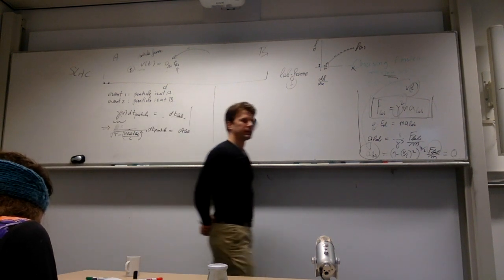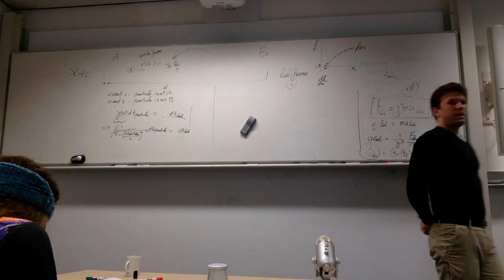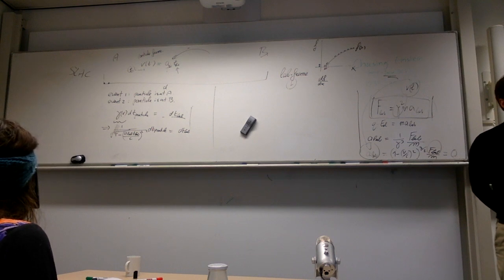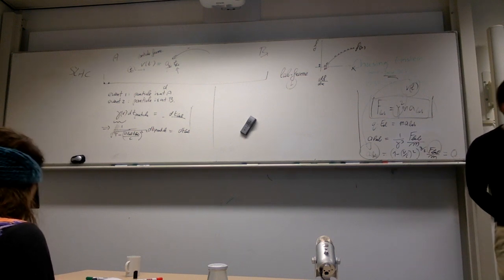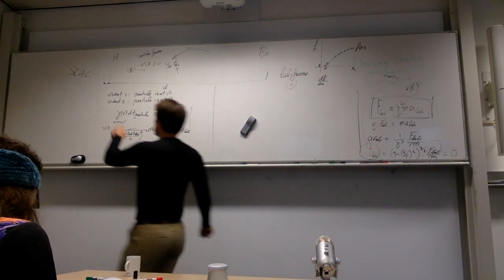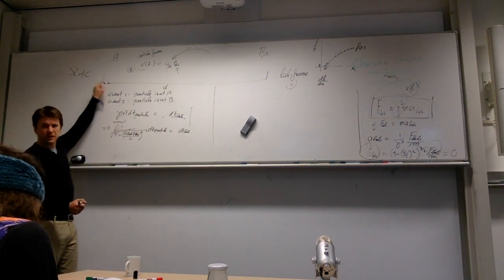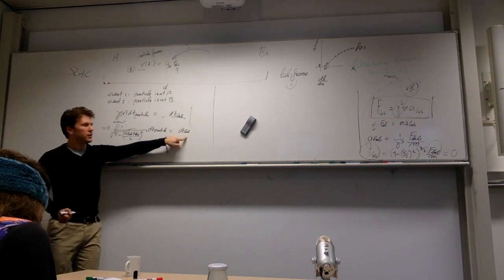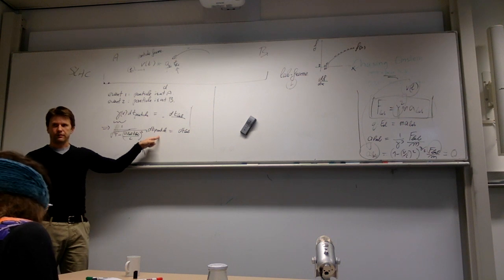Yes? Good. We have an expression now for how much time it takes for the particle to go a very small amount of distance from here to here, as seen by Jaco and as seen by the particle itself.